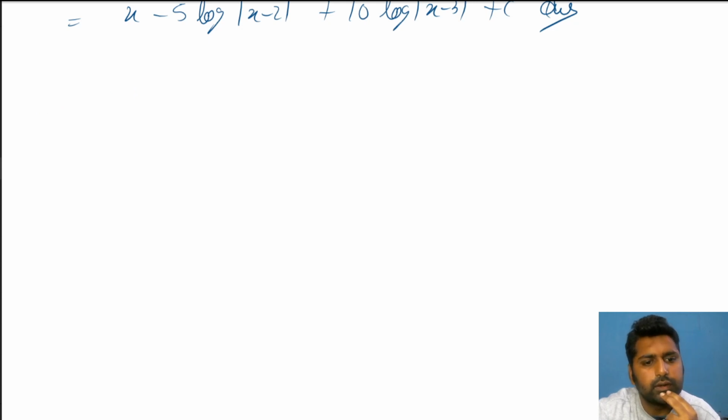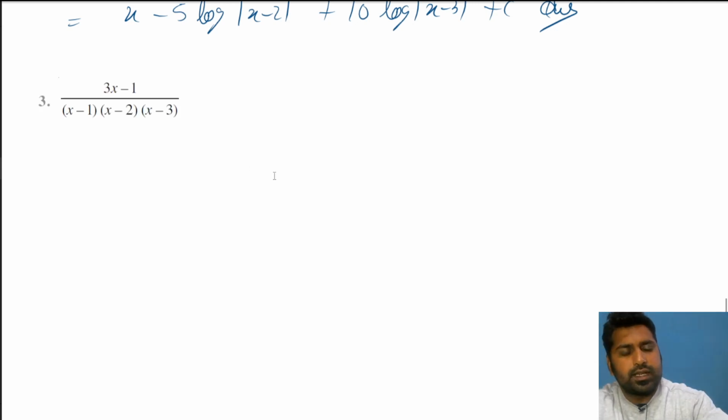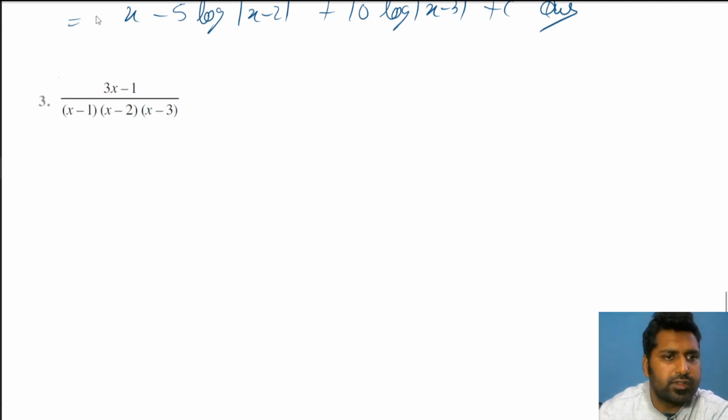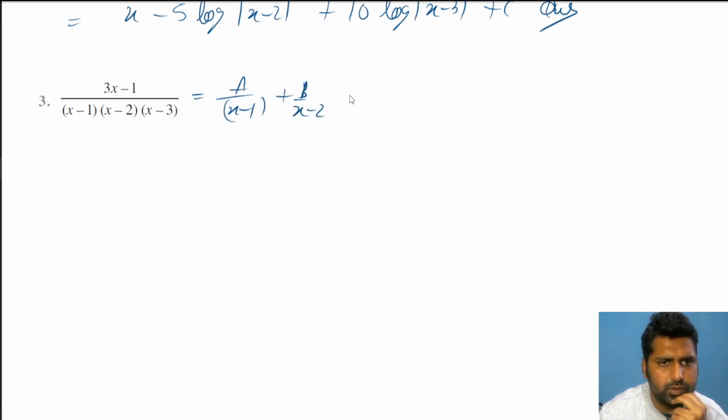I have to get a question now. Let's take this. The second form, again same thing. You have to check first of all before applying partial fraction. Degree of numerator 1, degree of denominator 3 terms, so 3. Okay. So a upon x minus 1, b upon x minus 2, c upon x minus 3.